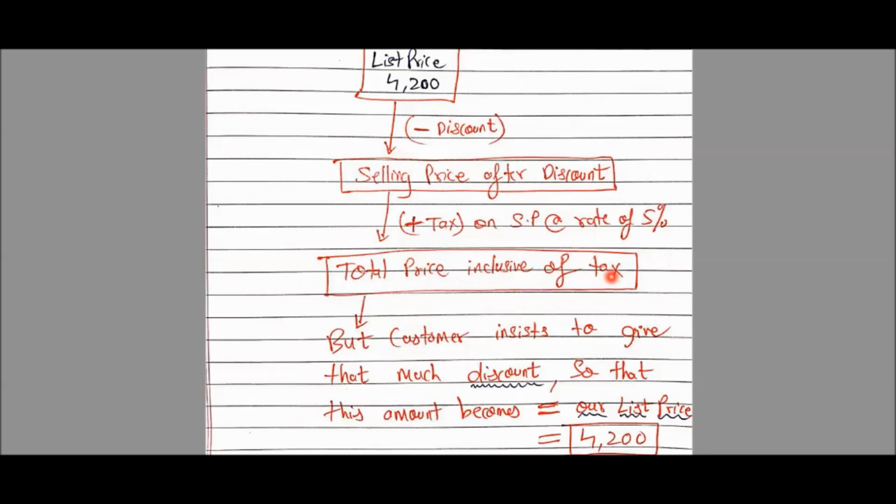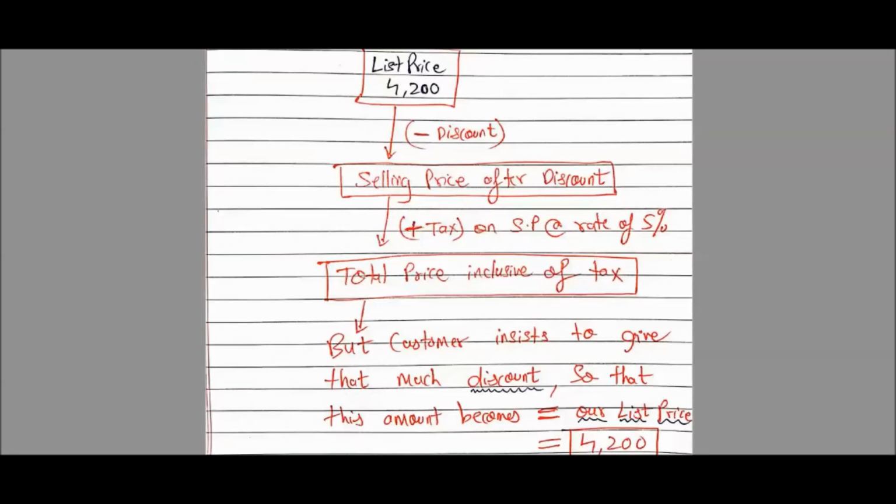But the smart customer is saying, uncle, this total price inclusive of tax should be my original list price. After adding the tax to the discount, I will just pay 4,200, the original list price. But customer insists to give that much discount so that this amount becomes our list price 4,200.